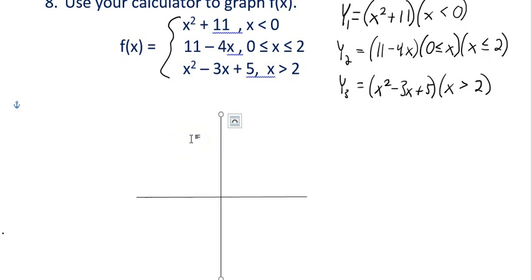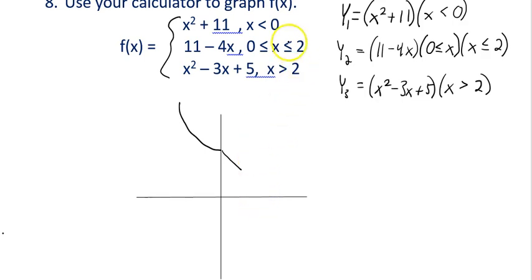When you hit graph, you should be able to see the piecewise function that you've created, and it should only be graphing those functions in the sections you told it to. So you should see a parabola and then a line segment, and obviously those are going to join at 11. And then down below the x-axis you will see the last parabola coming up.